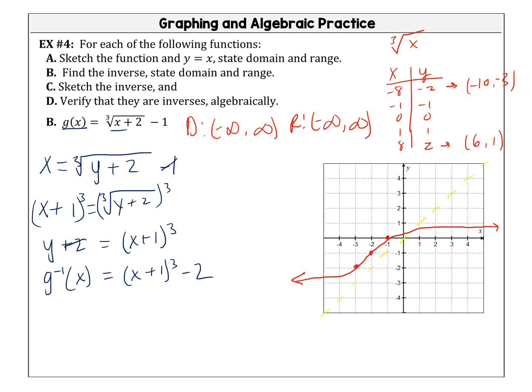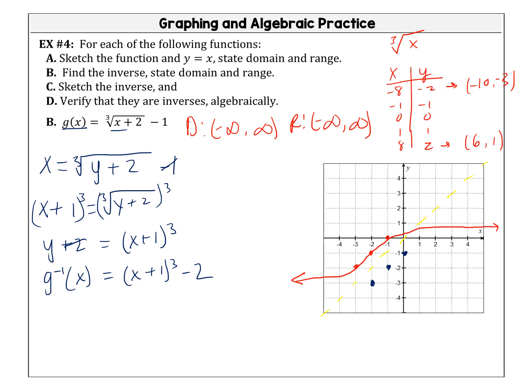With that in mind, you can also just look at this and flip the inverse. If I'm at -3, -2, then my inverse is going to be at -2, -3. If I'm at -2, -1, my inverse is at -1, -2. If I'm at -1, 0, my inverse is at 0, -1. Same thing here, these are switching, -3 and -10.